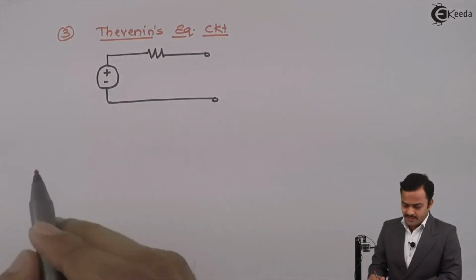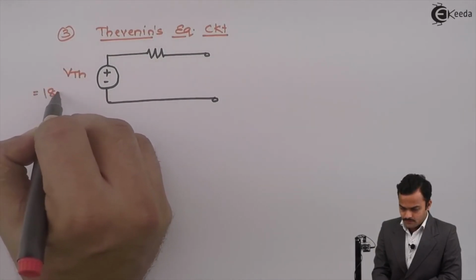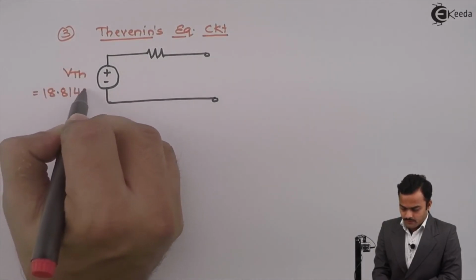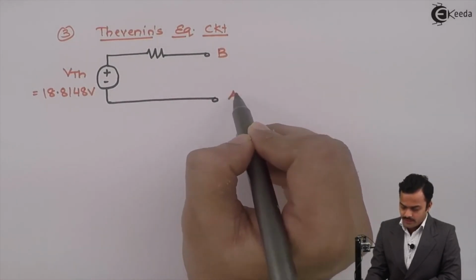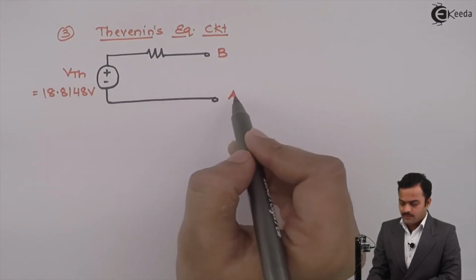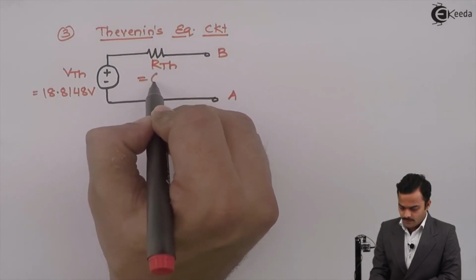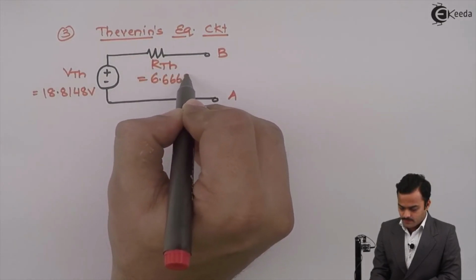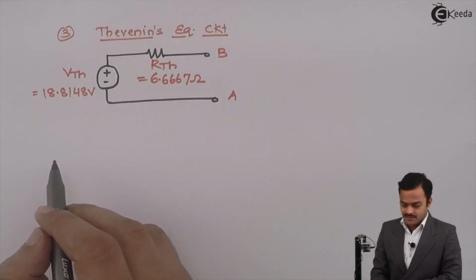Now here we got a VTH of 18.8148 volt with B positive with respect to A. See the difference: positive I have connected to B, negative I have connected to A. And RTH we got 6.6667 ohm. So this is Thevenin's equivalent circuit.